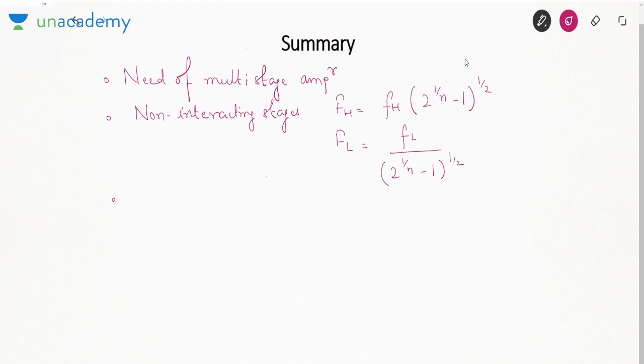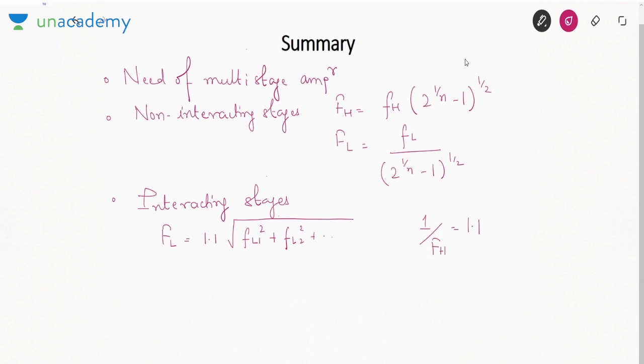Then we saw in interacting stages we have to make use of voltage division, and we also saw that FL was 1.1 under root FL1 square plus FL2 square and so on, and 1 by FH is 1.1 under root 1 by FH1 square plus 1 by FH2 square and so on.